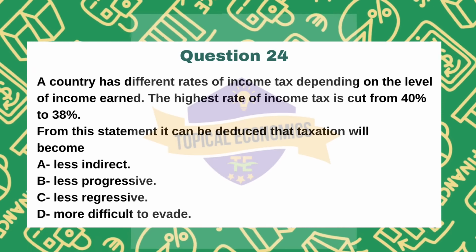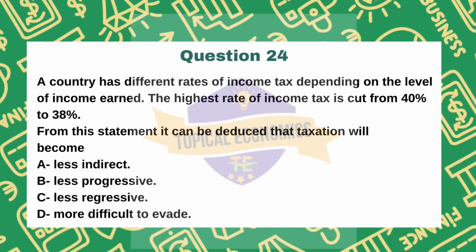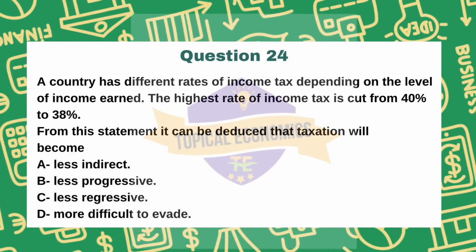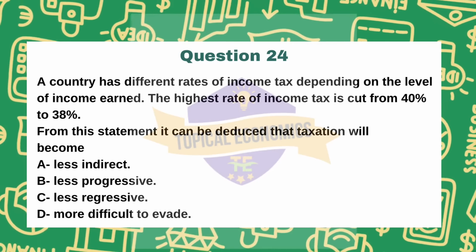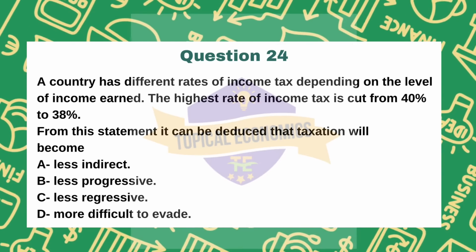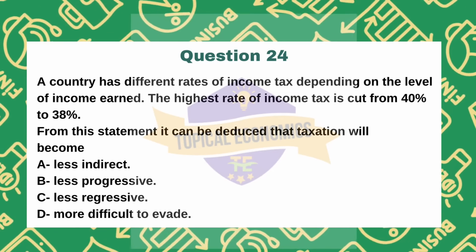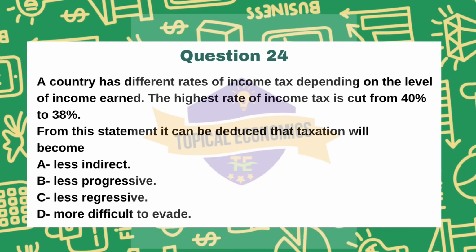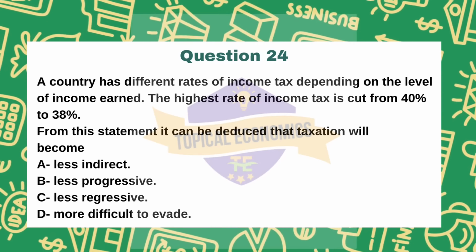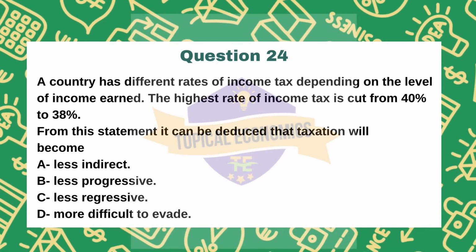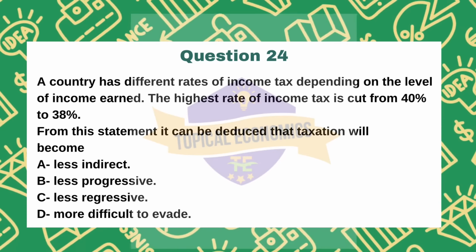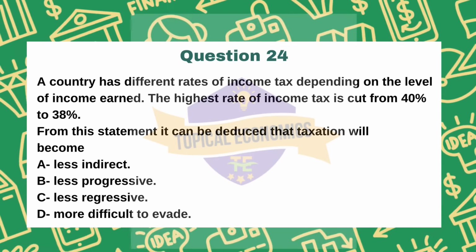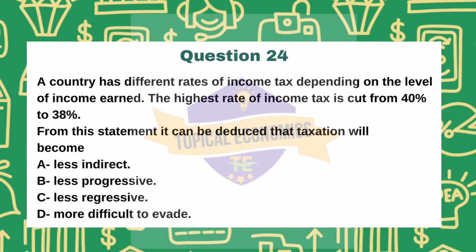Option A, less indirect, doesn't change the nature of indirect versus direct taxation, it only discusses income tax rates. Option C, less regressive, does not suggest a change that would make the tax system less regressive. Instead, it pertains to the income tax structure. Lastly, option D, more difficult to evade, the change in tax rates does not imply any change in the ease or difficulty of tax evasion.